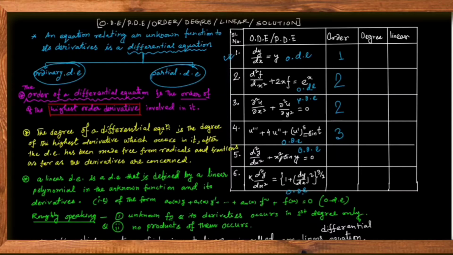The fifth one, here d²y/dx² is present. So the highest order derivative is d²y/dx². Therefore, the order of this equation is, yeah, you are right, 2. For the sixth equation, here the highest order derivative is d²y/dx². That means the order is 2 again.